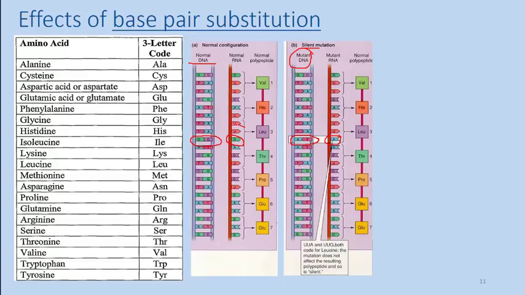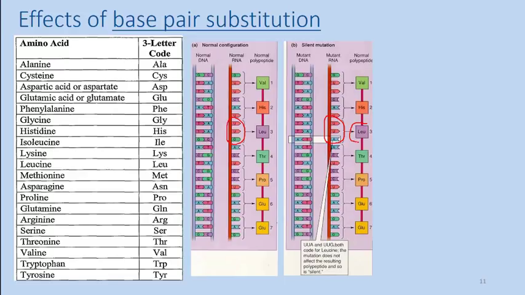And so if these three code for leucine, with our base pair substitution, now we have these three. So we've gone from UUG coding for leucine to UUA, but look at that.